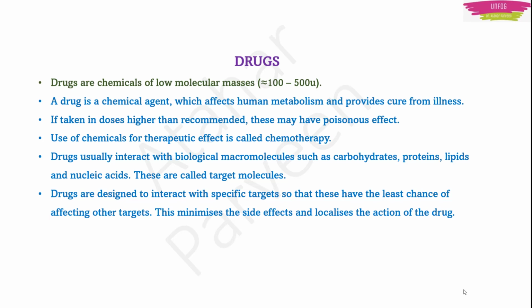This will minimize the side effects and localize the action of the drug. So this is very, very important. Or else we take medicine for one problem and get another problem with that medicine. How will that medicine help us? We'll be in a lot of trouble then, right? Then we cannot take medicines also. Then how will we get cure from illness? That's why drugs are designed to interact with specific targets.